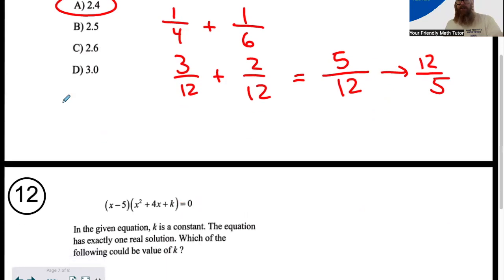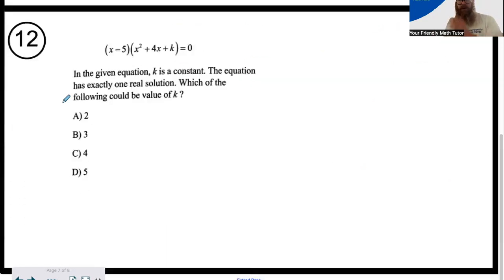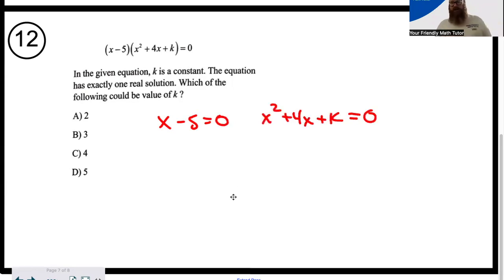Okay, let's move on to our last problem. Number 12: if the given equation, K is a constant, the equation has exactly one real solution. Which of the following could be the value of K? All right, so a couple things here. If you were to solve this, you would set each of these equal to 0, because we're using the zero product property.